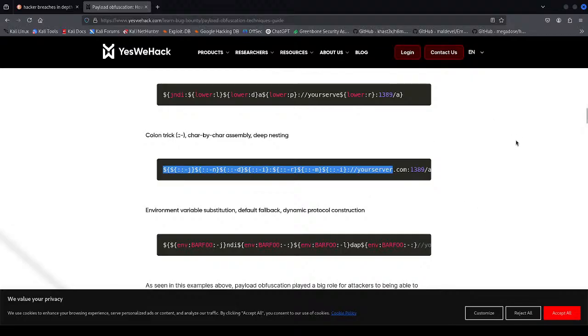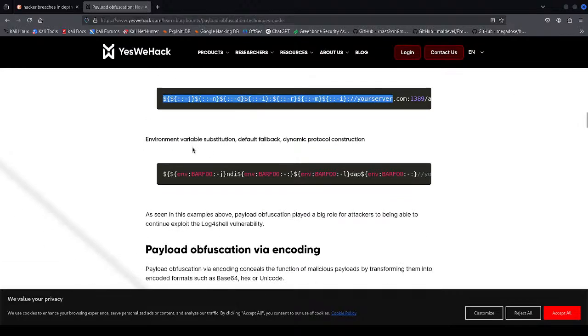That's pretty interesting. And here's another one down here: environment variable substitution, default fallback, dynamic protocol construction. Now it's getting even fancier, with ${env:foo:-n}, ${env:foo:-di}, and so on. I don't know exactly what all that means, but it's just another way to attack a computer.